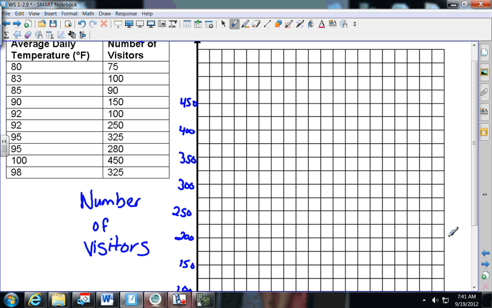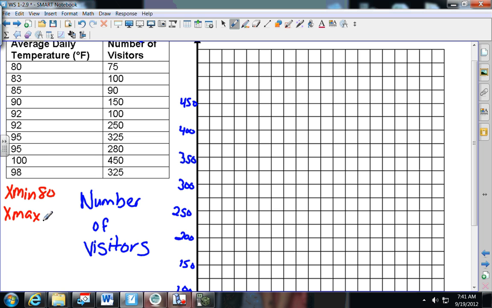Now let's write this off to the side too, because I'm kind of combining a couple different things together. X minimum. What was the smallest X number we have on here? 80. Okay, so the smallest one we had was 80. X maximum. What's the largest X number we went up to?